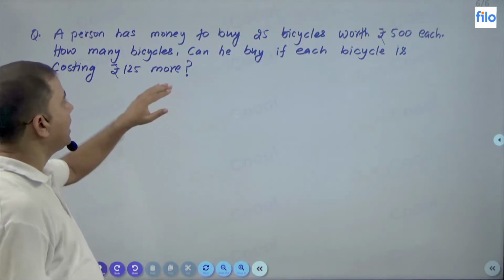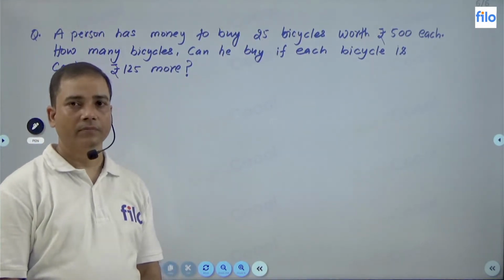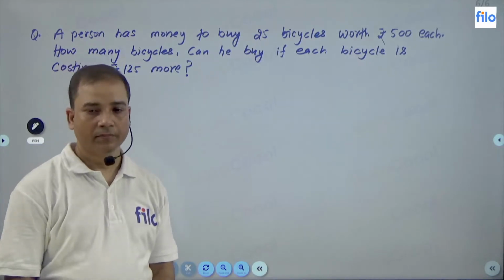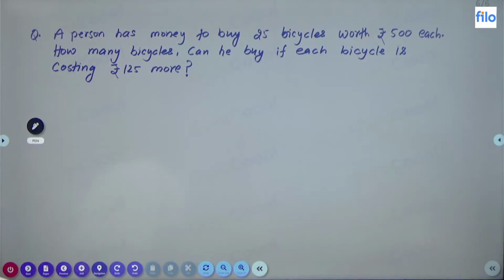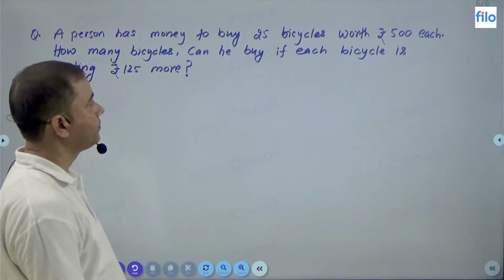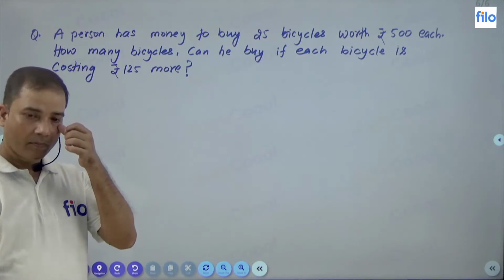We have to find out how many bicycles he can buy now. Any idea?